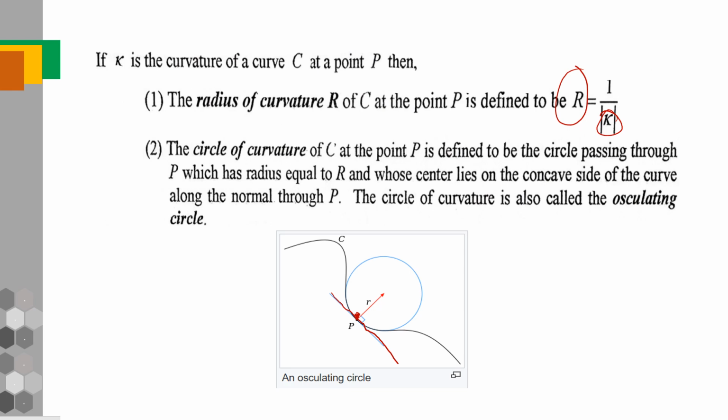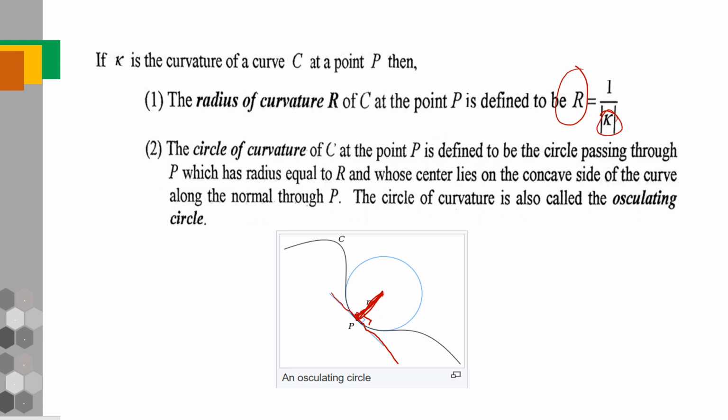So when we say normal line, that means perpendicular siya doon sa ating tangent line. Okay? So that means meron tayong 90 degrees angle with this line. So that line is the radius, and it is computed as 1 over the absolute value of the curvature.